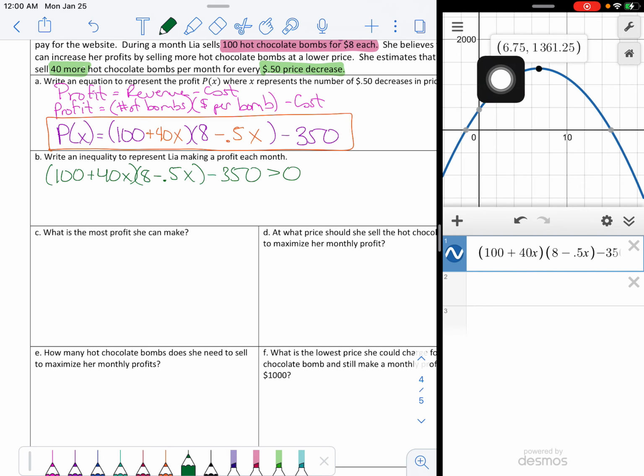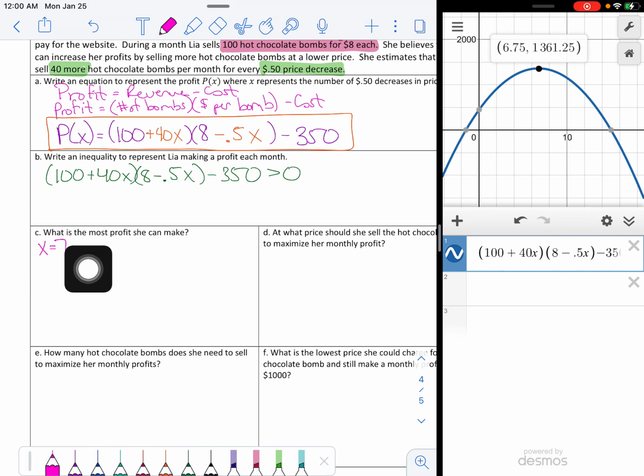Now, here's where we've got to be careful. This is not an easy integer or even integer to work with, so what we want to do is round it off, and we're going to say for the purposes of our problem that x is equal to 7. So Leah needs to make 7 changes to her price.